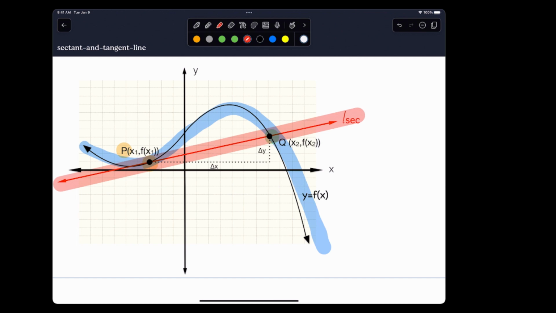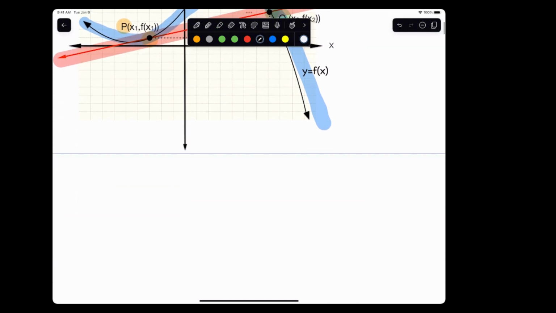Any line that goes through 2 points on a curve is a secant line. Yes, it's defined in terms of the x and y coordinates. Now, go back to beginning algebra. What do I mean by beginning algebra? In beginning algebra, first of all, let's think.